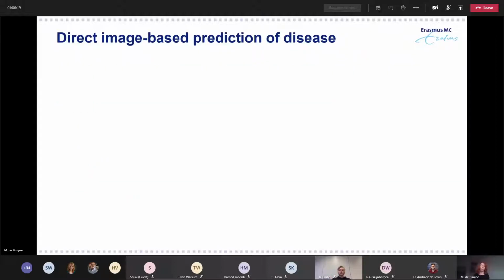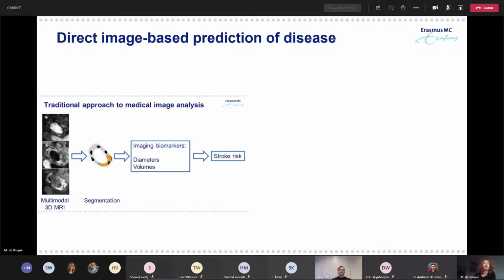One of the examples of the things that we're looking at is whether we can directly predict disease based on the image. So a more traditional approach to medical image analysis would be if there's an input image coming in. For instance, here you see a multimodal MRI of the carotid artery, the artery in the neck. We would perform a segmentation, in this case, of the plaque and the different plaque components, which tell you something about the risk that the patient has that this plaque will rupture and then finally cause a stroke.